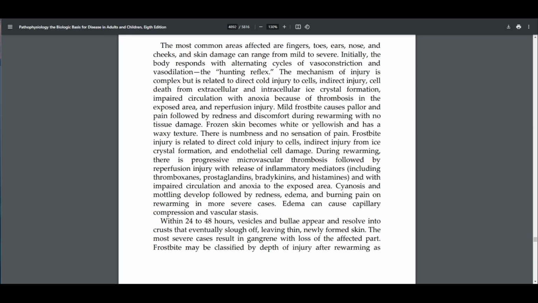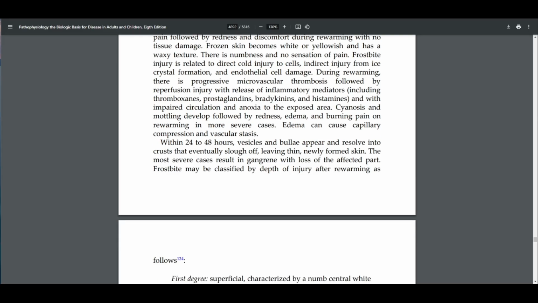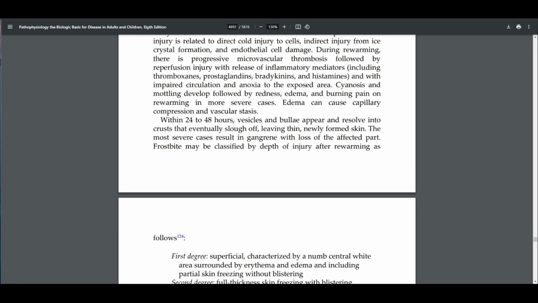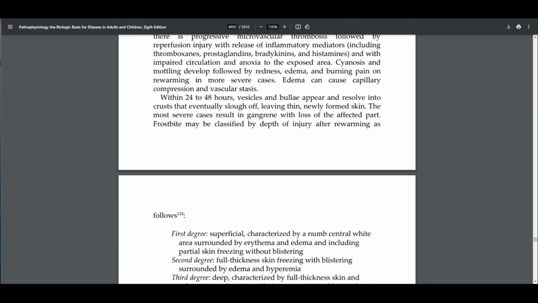Cyanosis and mottling develop, followed by redness, edema, and burning pain on rewarming in more severe cases. Edema can cause capillary compression and vascular stasis. Within 24 to 48 hours, vesicles and bullae appear and resolve into crusts that eventually slough off, leaving thin, newly formed skin. The most severe cases result in gangrene with loss of the affected part.